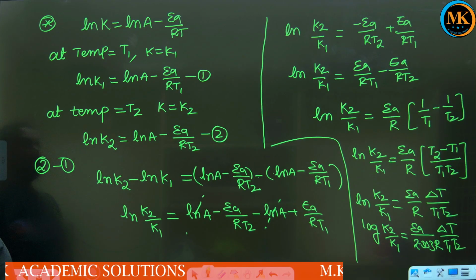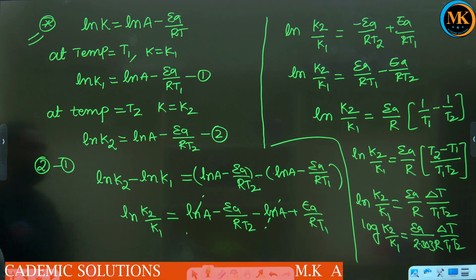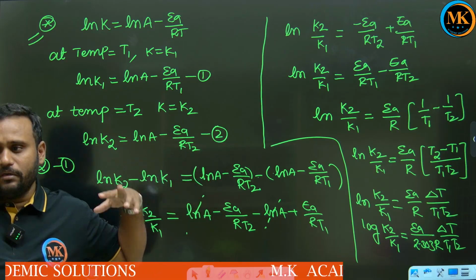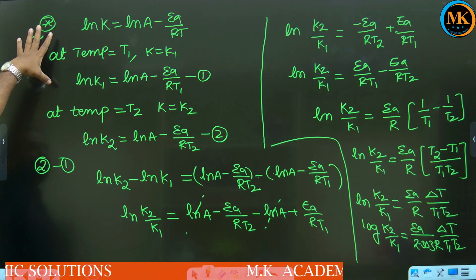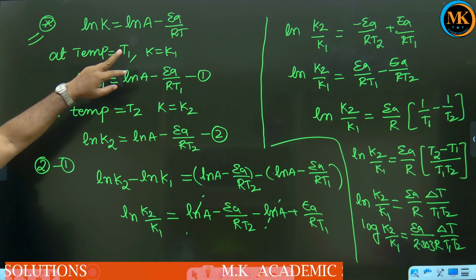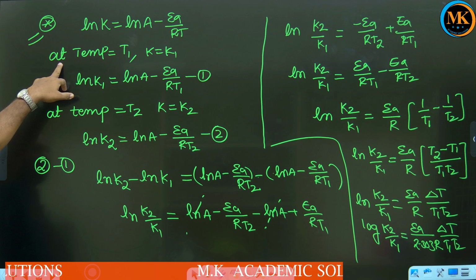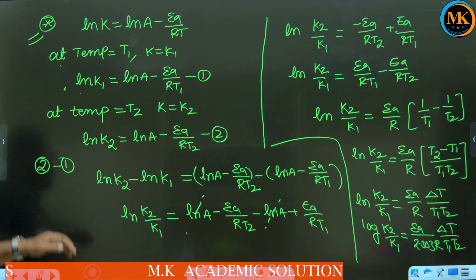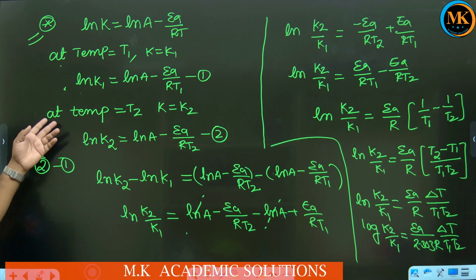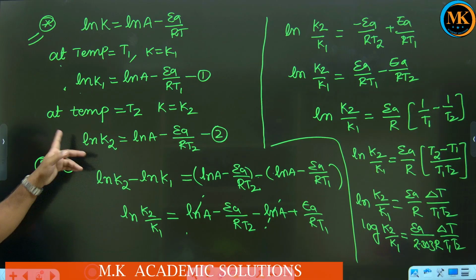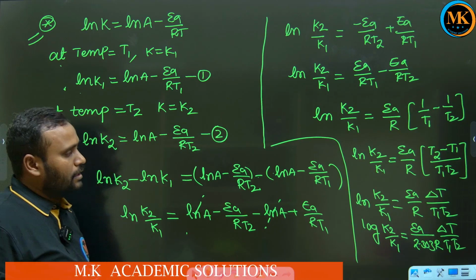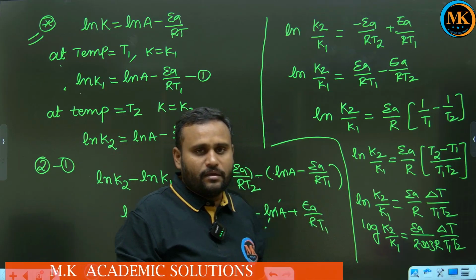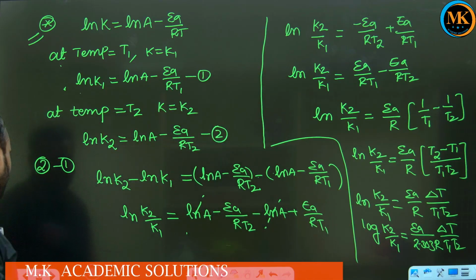So simply, ln k equals ln A minus EA by RT. At temperature 1, k equals k1, and at temperature 2, k equals k2. We subtracted, and when you solve mathematically, you get the final equation.